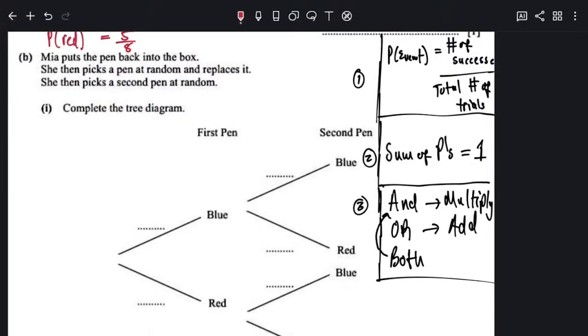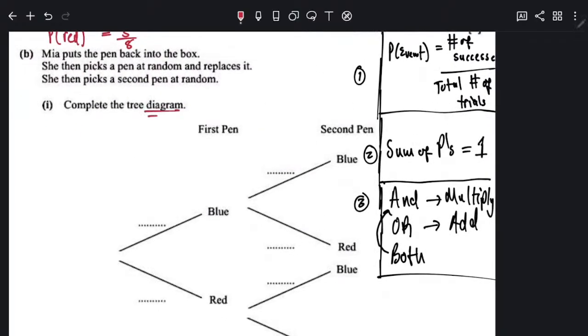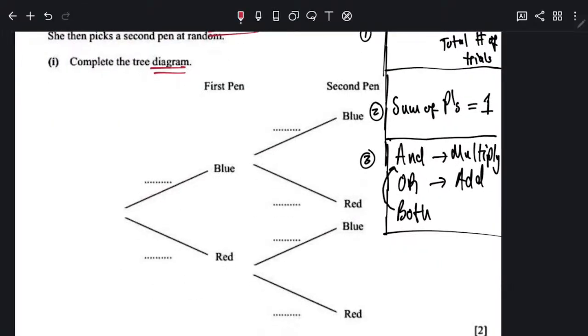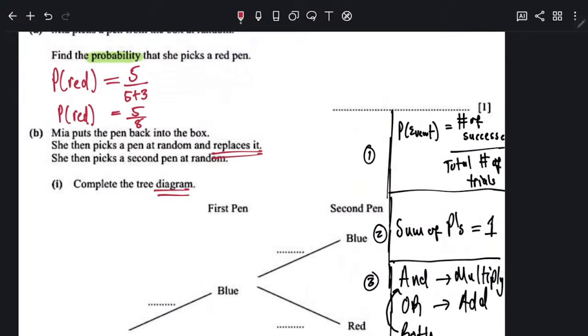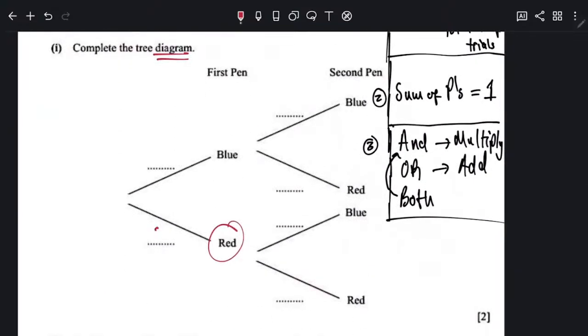Let's see here. Complete the tree diagram, and there's a word which caught my eye, which says replaces it. Since they are replacing, the probability I'm going to see here should be the same one that I see here. So what is the probability of red? We know the probability of red already. We found it in here to be 5/8.